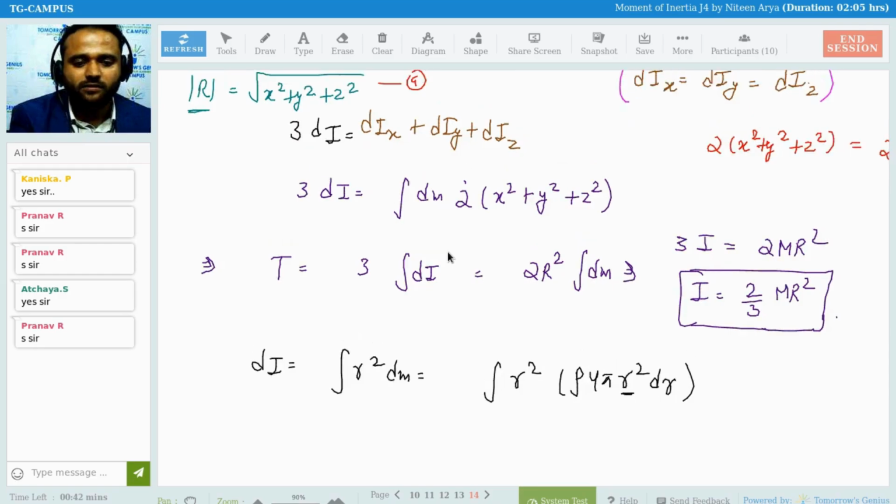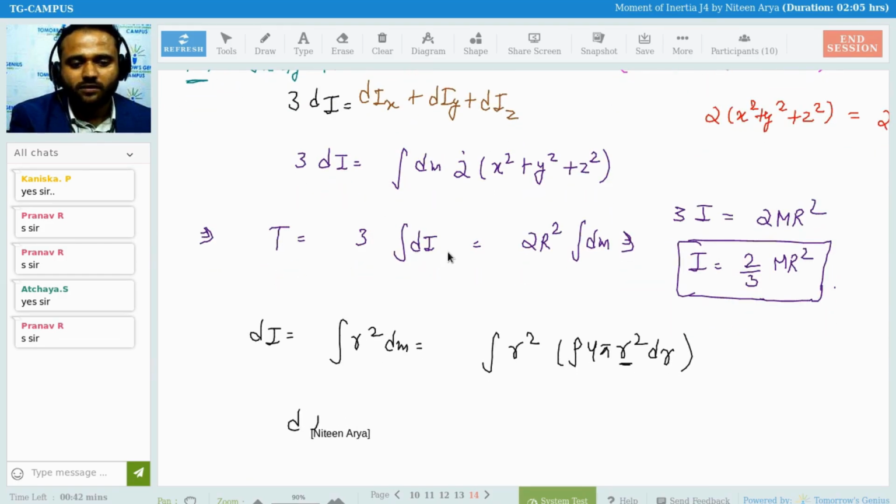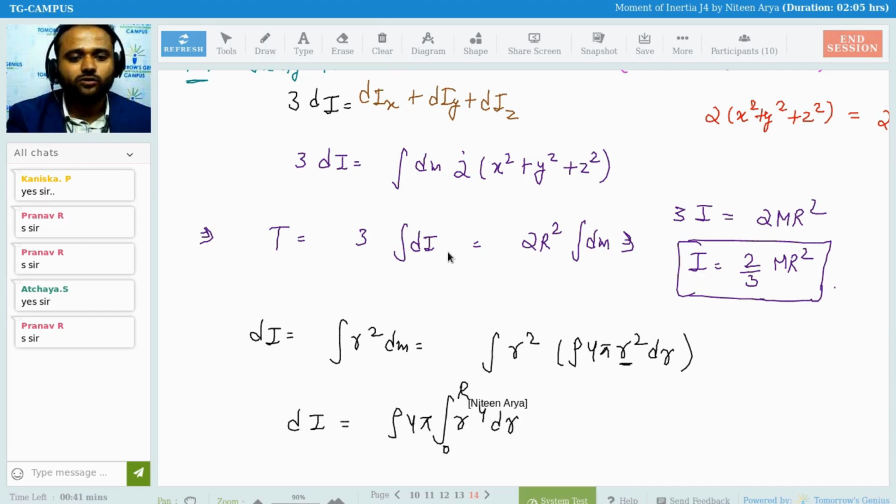So dI is rho 4 pi, and that is going to be r to the power 4 dr, and obviously from 0 to capital R. So when we do this integration, we put rho as mass per unit volume, and the volume of this sphere is 4 by 3 pi r to the power 3.